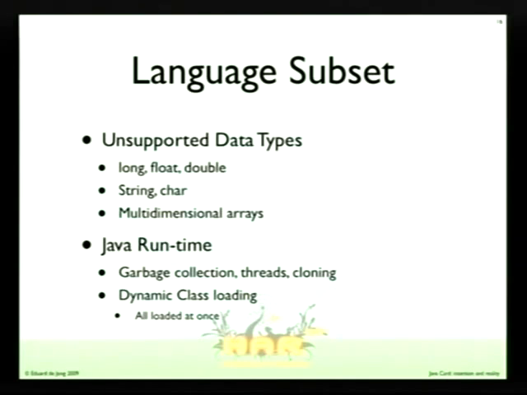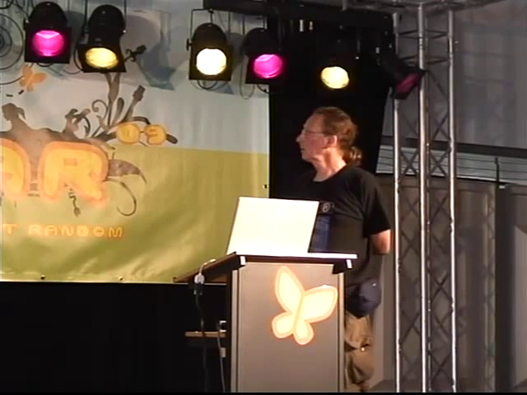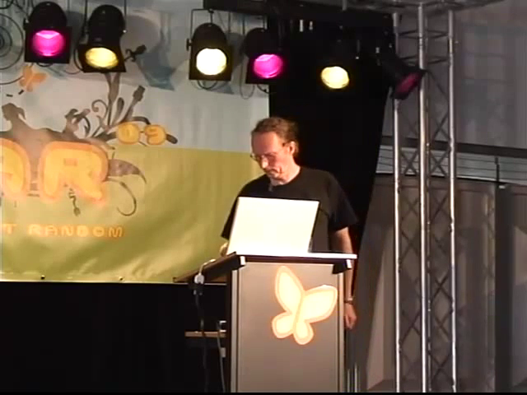There is a special runtime environment which has no garbage collection, no threads, no cloning, no dynamic class loading. All the class loading is done before you even load into the card, in the converter, the post-processor that takes all the class files and does all the loading and linking beforehand.